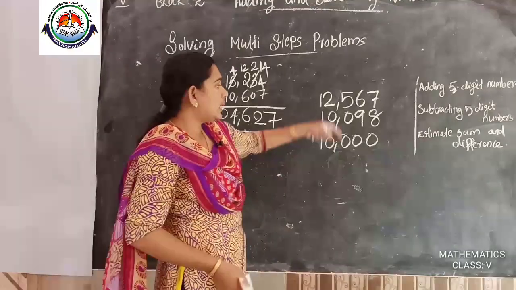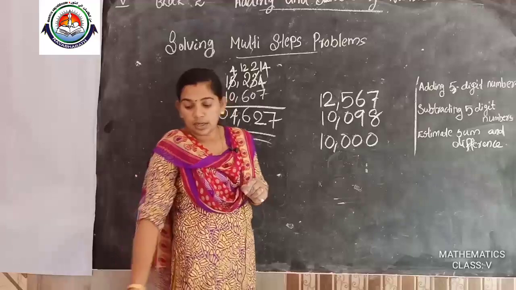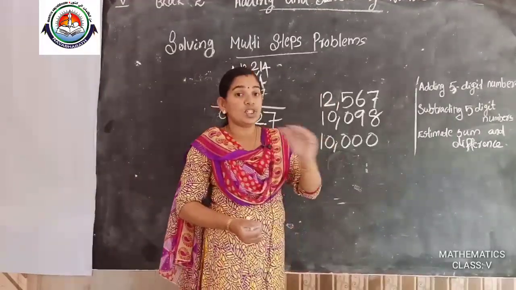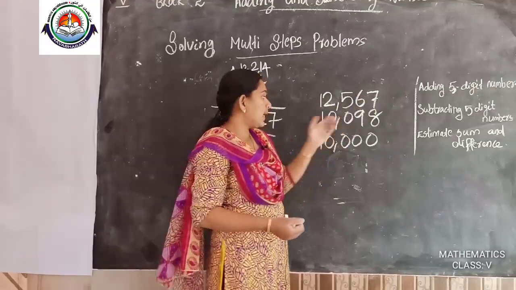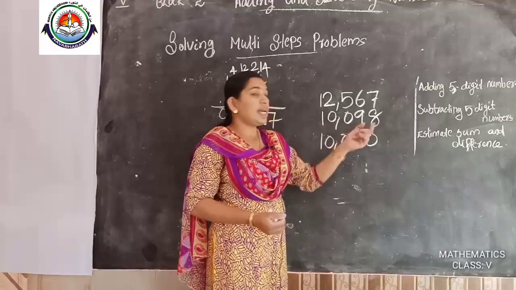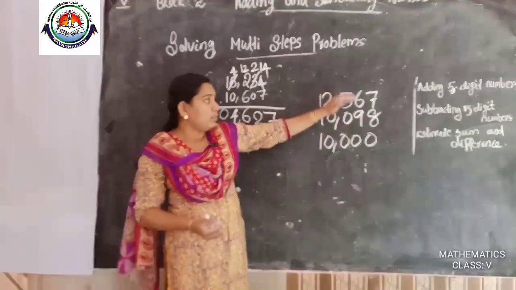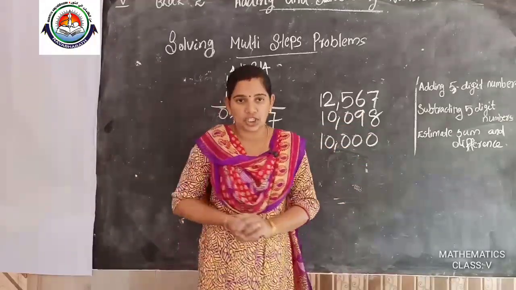Okay, I will explain this question. In a stadium, one side is 12,567 seats. The other side has 10,098 seats. But in both sides, a total of 10,000 seats are vacant.